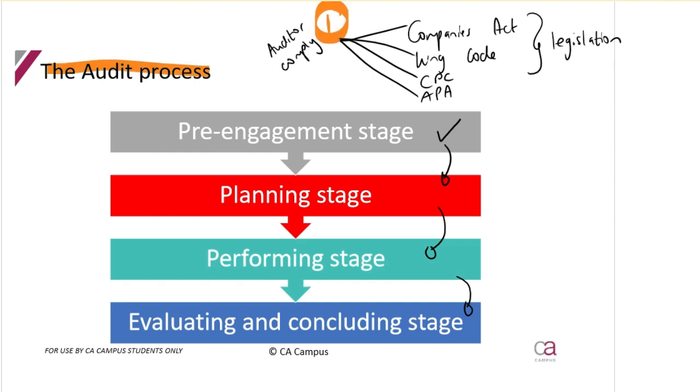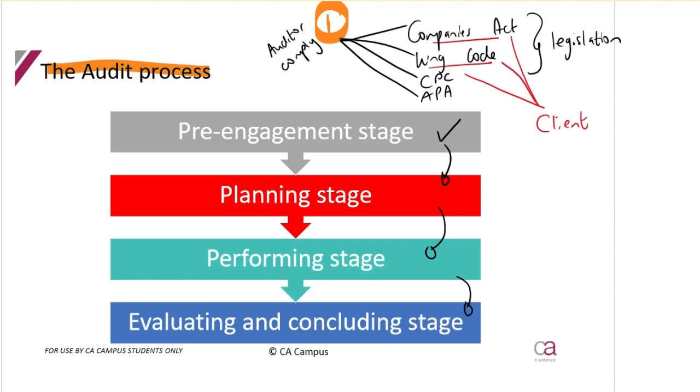Then we have to consider that the Companies Act, the King Code, and the CPC are also applicable to the client. The client, being a company, needs to adhere to the Companies Act. The client should comply with the King Code, being a company, a code on corporate governance.